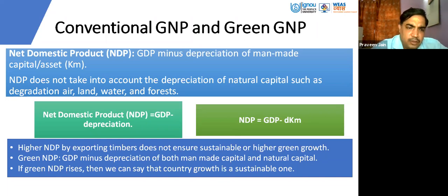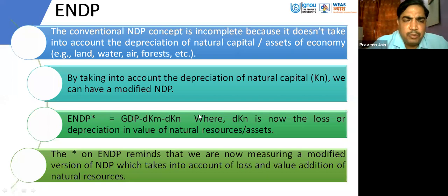So in the NDP, basically, when we do depreciation, we include two types of depreciation. One is the depreciation in the man-made capital, and also we include the depreciation on the natural capital, that is the environmental resources. So to have more understanding on this, environmental NDP, or the green NDP: the conventional NDP concept is incomplete because it does not take into account the depreciation of the natural capital or assets of the economy.